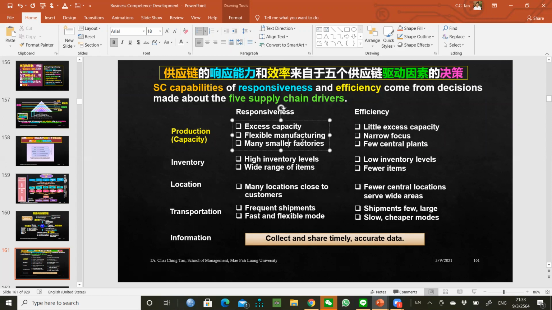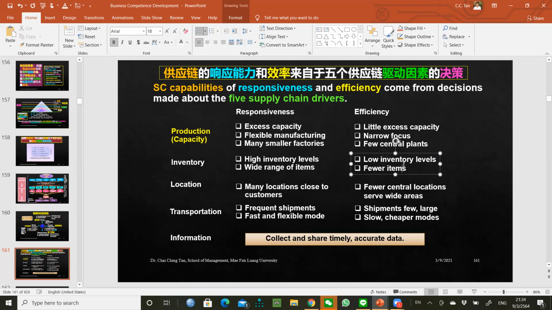And efficient is more centralized so that you maybe rely more on the transportation, larger transportations, rather than a fast and flexible mode of transportations and frequent shipment because of your smaller factory. And so this is located closer to the customers rather than you centralize control of all these areas. So again, that will determine whether your inventory is high or inventory is low or things like that.